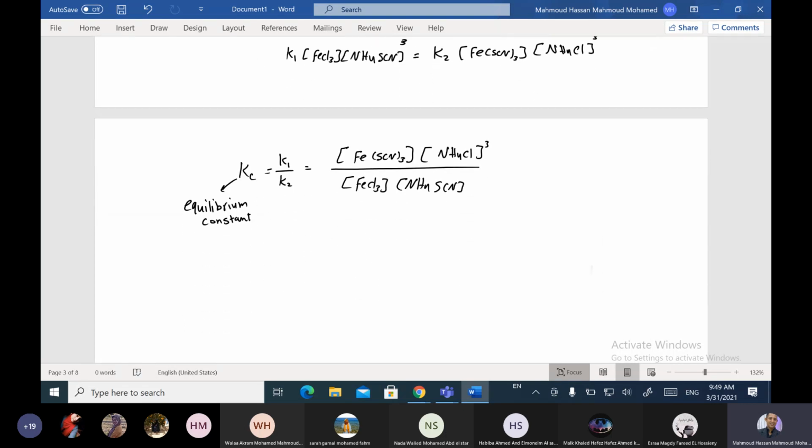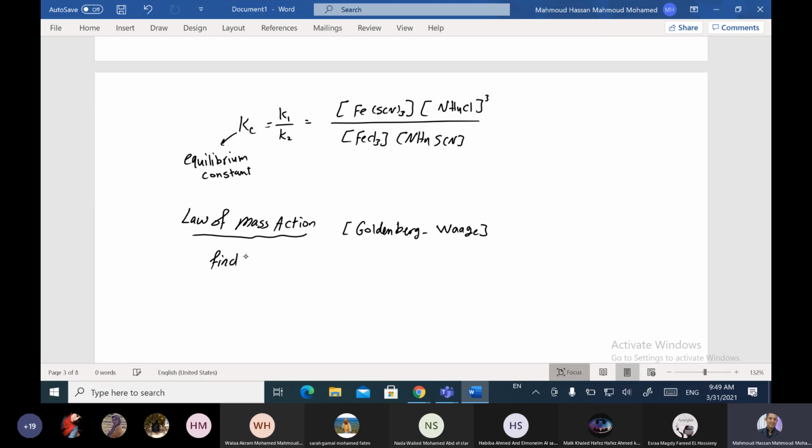In this case, we'll find the law of mass action. The law of mass action is a relationship found by Goldenberg and Waage. They found the relationship between the rate of the chemical reaction and the concentration of the reactant.